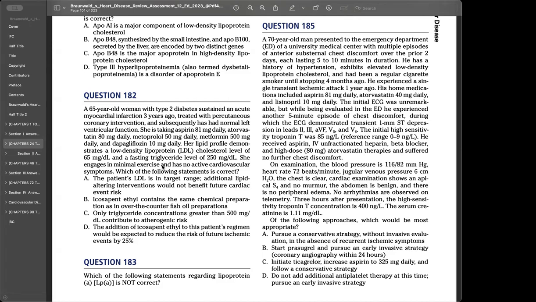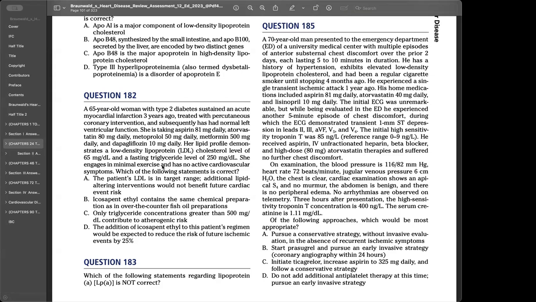He has a history of hypertension, exhibits elevated low-density lipoprotein cholesterol, and was a regular cigarette smoker until stopping 4 months ago. He experienced a single transient ischemic attack 1 year ago. His home medications include aspirin 81 milligrams daily, atorvastatin 40 milligrams daily, and lisinopril 10 milligrams daily.